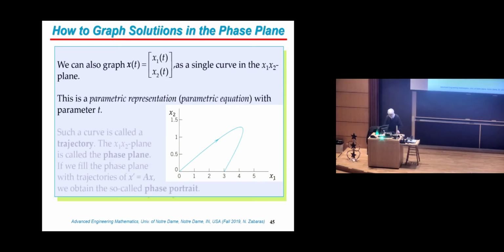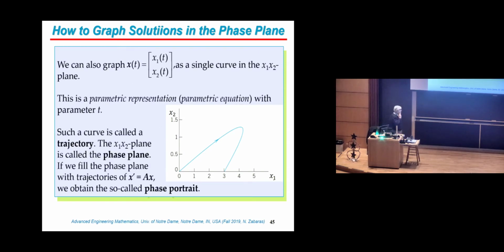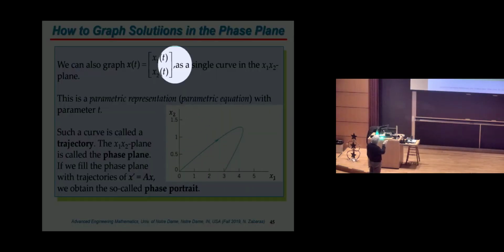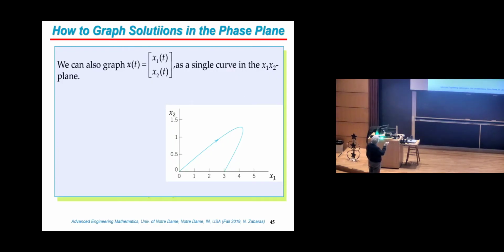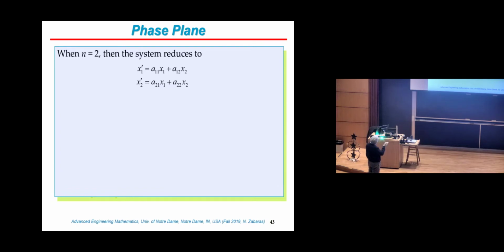So one of the ways that we're going to do qualitative discussion of the solutions to this system of ODEs is to analyze the solutions for, for example, a system of ODEs that has only 2 variables. This is the system of equations I look at, only 2 variables.